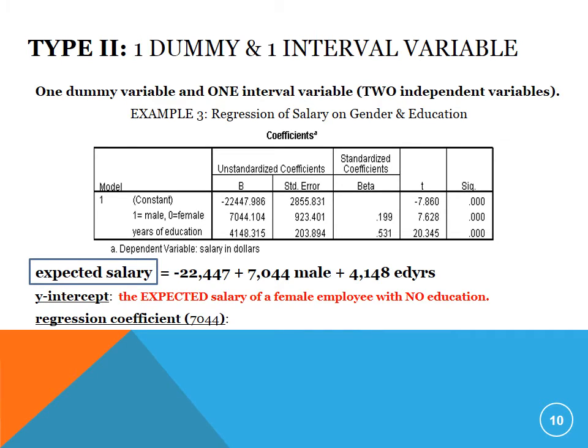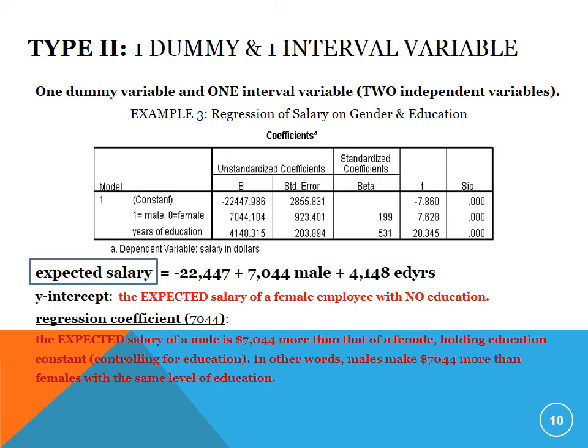Our regression coefficient for the gender variable, 7044, and what does that mean? So this is where it gets a little bit tricky, just a little bit, not too much, right? The expected salary of a male is 7,000 more than that of a female, because we're comparing male to female. And here's the kicker.